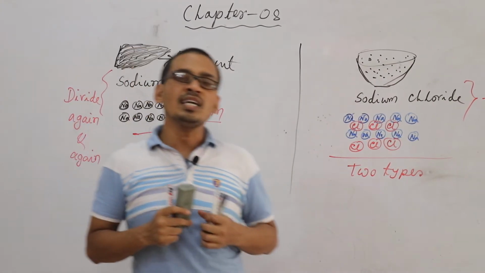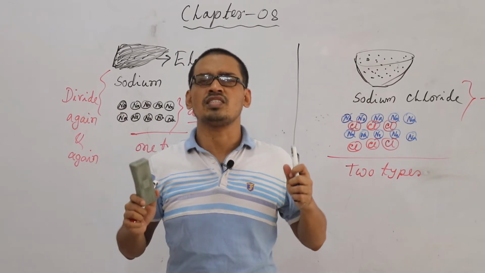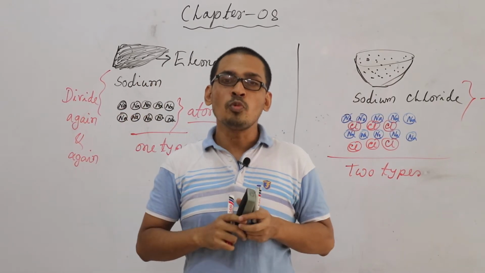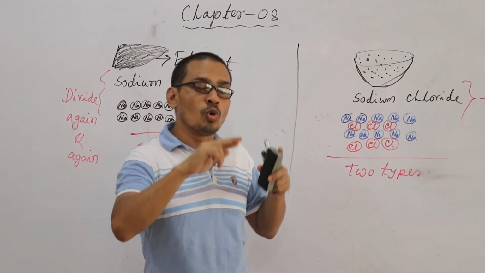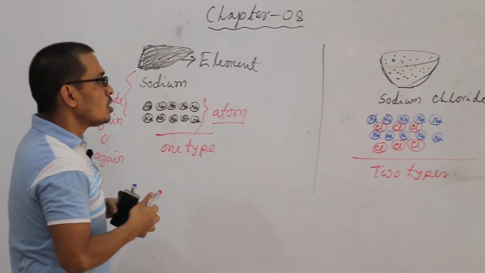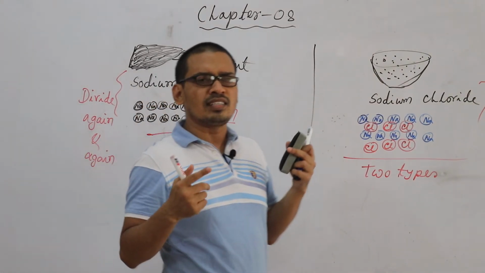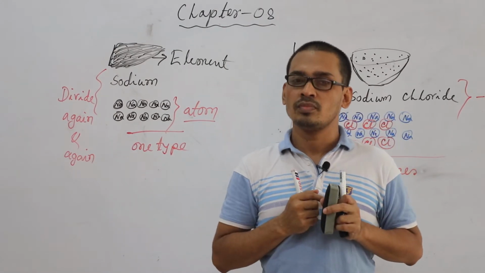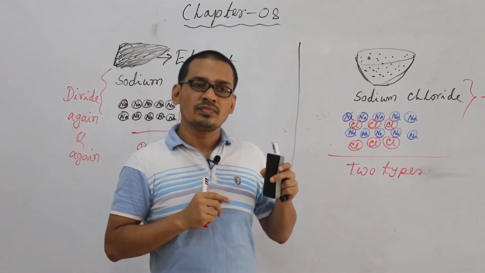So far 118 elements have been discovered, and all the substances in the universe are composed of these 118 elements. These 118 elements have 118 names, and these names are of two types.